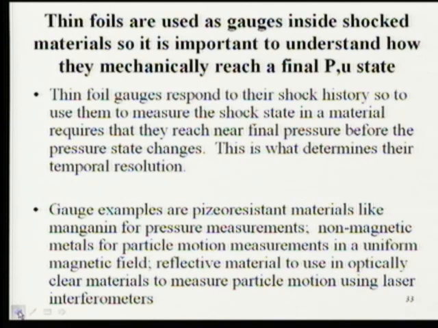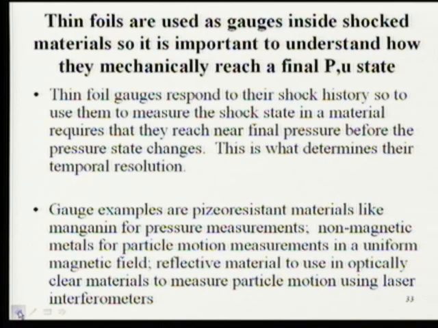As you saw, when you have two materials against each other, the equilibrium at the boundary occurs, but if you have another boundary like a free surface, then you have another relief wave coming back. Or if you even have three materials, say two of them are the same high impedance material, with a low impedance thin foil in between, eventually the shock wave in the thin foil is going to get to the same pressure that's in the shock in the other materials, but it rings up.